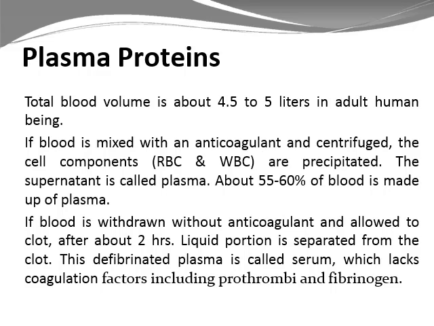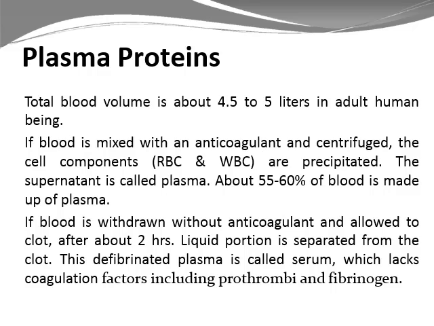Now, if you allow the blood to react with an anticoagulant, that is any drug that will prevent the coagulation of the blood, and then centrifuge the blood, it will allow the cells of the blood to be separated. By cells I refer to RBCs and WBCs, and the supernatant that we will get from these reactions is known as plasma.